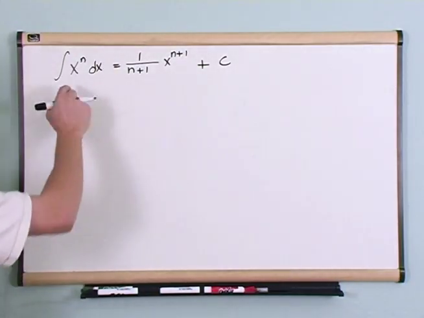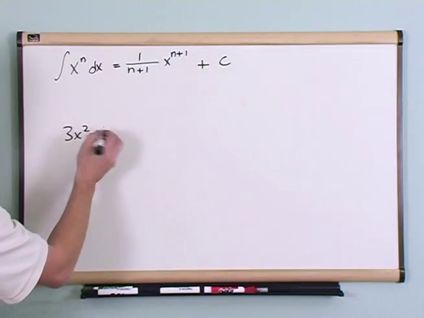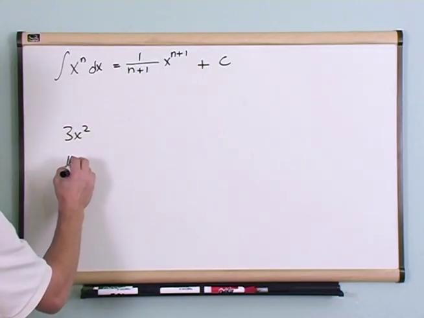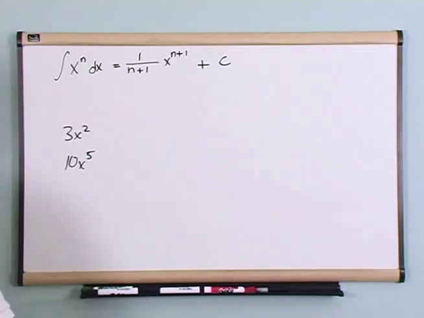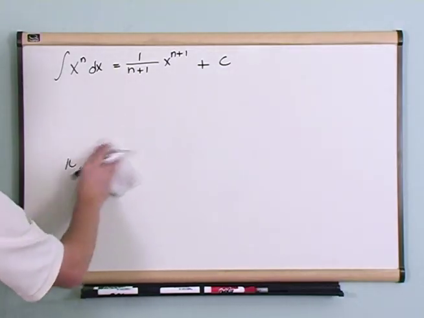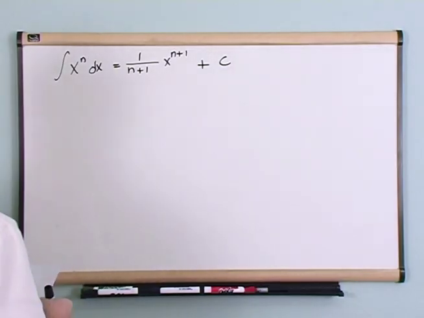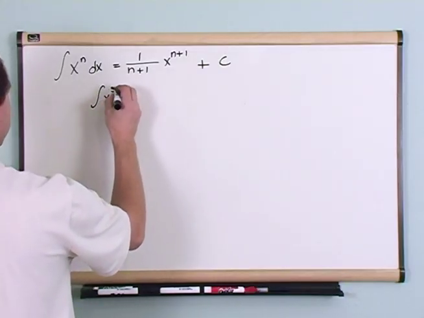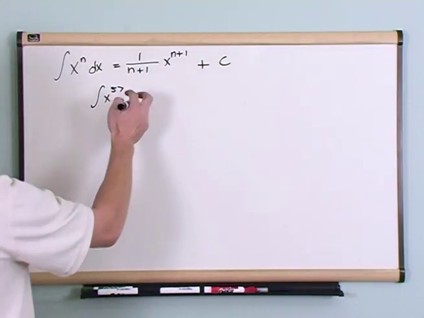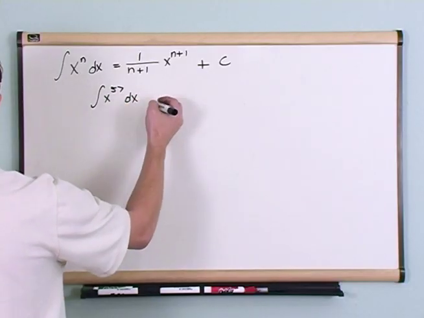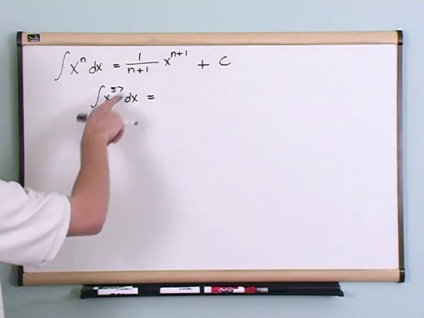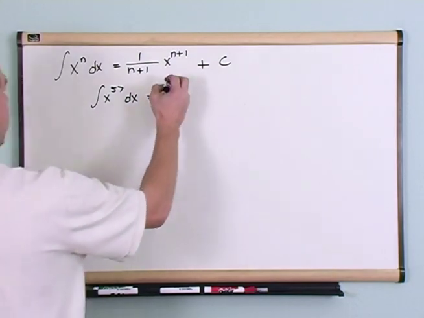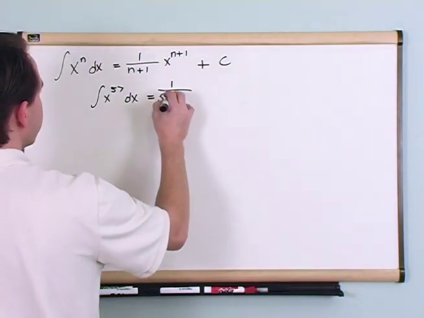This is the basic formula here. This would govern how you would take the integral of 3x squared. It would govern how you take the integral of 10x to the fifth. So let me just give you a quick example of how you would use that. If you had the integral of x to the power of 57 over dx, well, you just use this formula. 57 is n, so you have 1 over 57 plus 1.